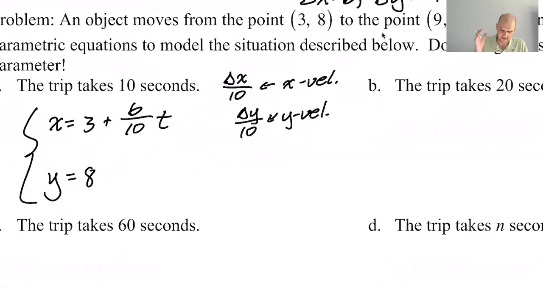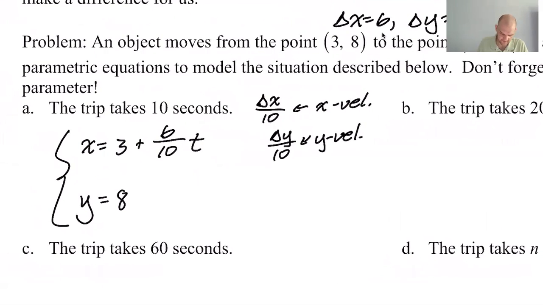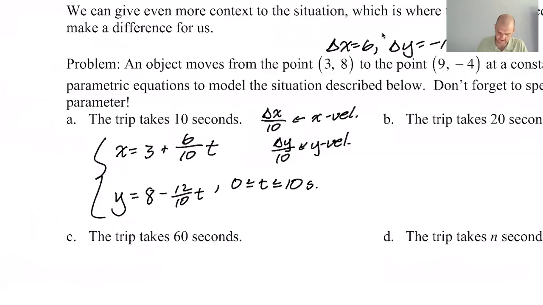So it's 6 units in 10 seconds. So 6/10 units per second times seconds will give me units, and that's what I want. So we're just doing some very basic sort of physics, I guess, but you can deal with these just by thinking, which I think is good. So that will definitely work.